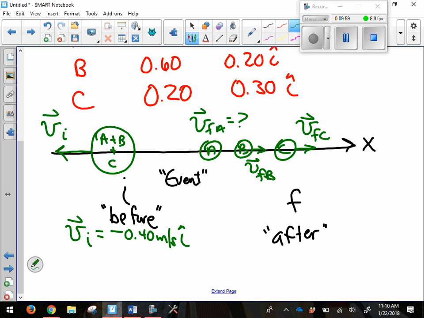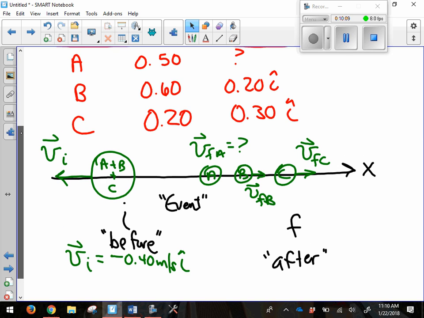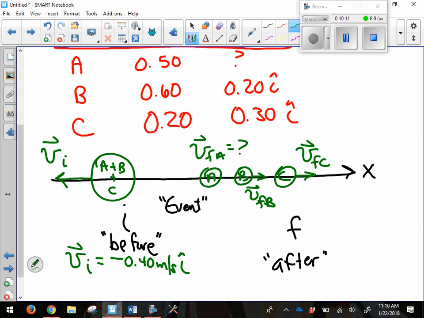That F subscript indicates that it's after. Each of my objects has their own velocity, so if I go back up to my table, this is going to be VFB, this is going to be VFC.